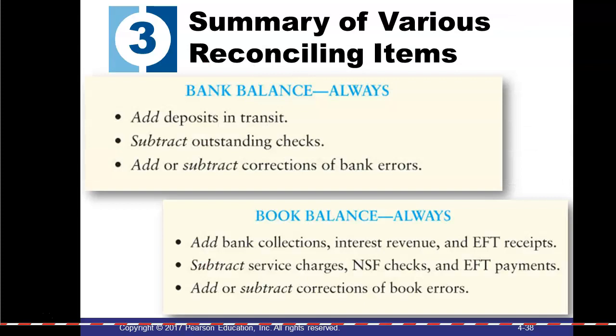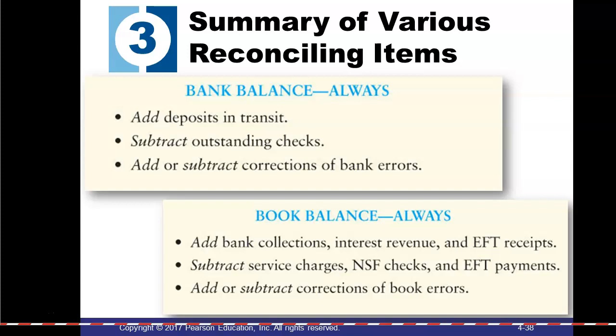So, as summary, with your bank balance, you're going to add any deposits that you have on your books that the bank does not. You're going to subtract any checks that you've written on your books, but the bank has not received those checks. You're going to add or subtract for bank errors. On your book side, you're going to always add any bank collections or any kind of receipts that the bank has received on your behalf and post it to your account that you don't have on your general ledger.